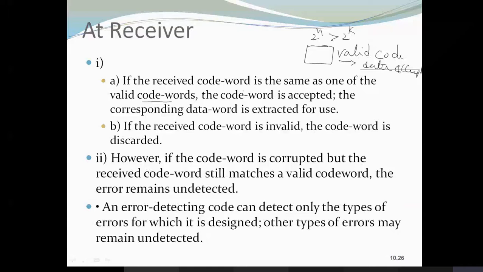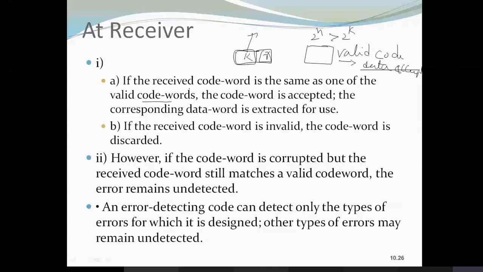The corresponding data word, once it is known to be a valid code word, has its extra r bits removed, and only the message or data part is delivered to the next layer. That is the procedure used for extraction of the data if there is no error.